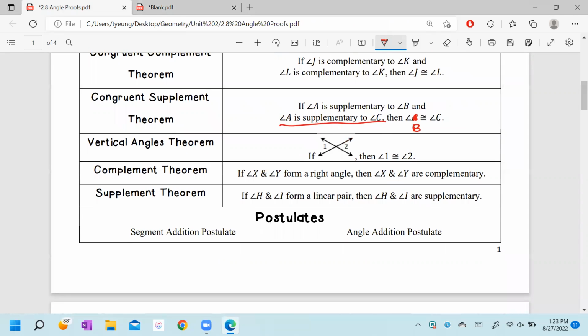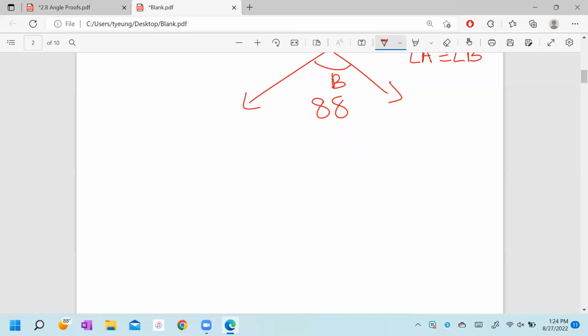We also have the complement theorem. Basically, what this is saying is that if two angles form a right angle, then X and Y are complementary. So this one's very easy. Try not to mistake this one with your congruent complement theorem, because that is a completely different thing.